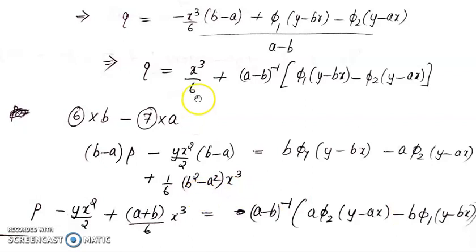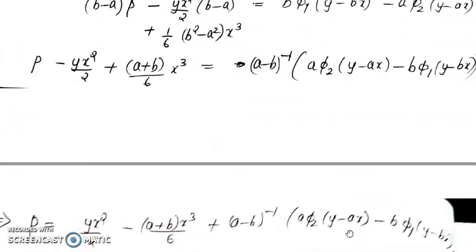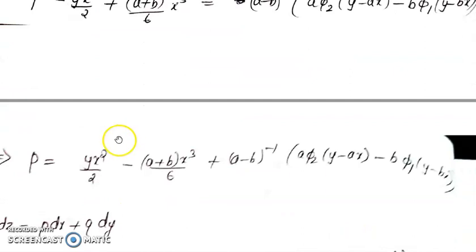So we have got q. ഇനി p എന്ന് പറയുന്ന ഈ രണ്ട് ടേംസും റൈറ്റ് സൈഡിലേക്ക് കൊണ്ടുപോവുക. So that will give p. So this is p. അപ്പോൾ yx square by 2 minus a plus b x cube by 6 plus a minus b whole inverse a phi 2 y minus ax minus b phi 1 y minus bx വരും.